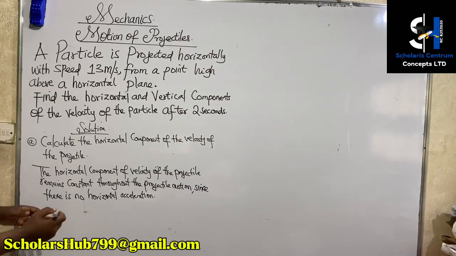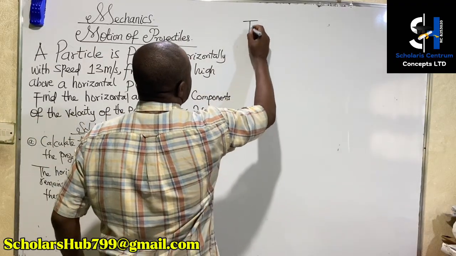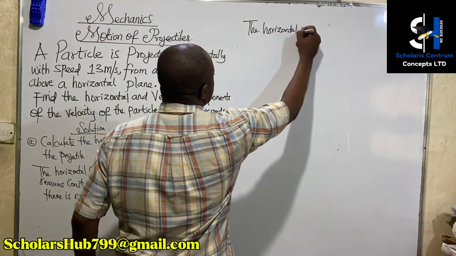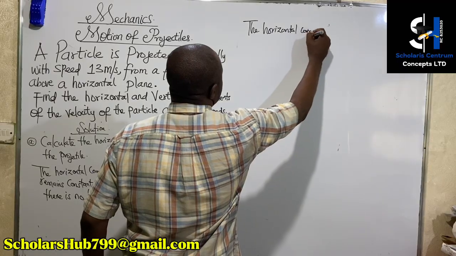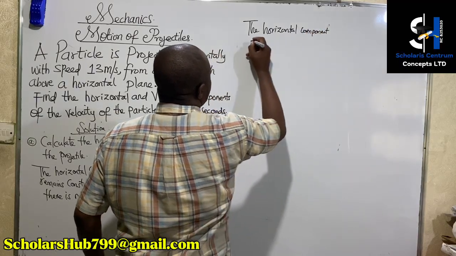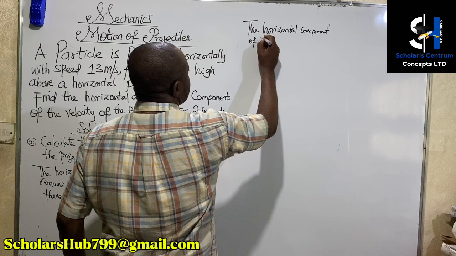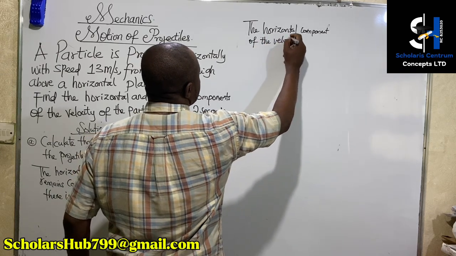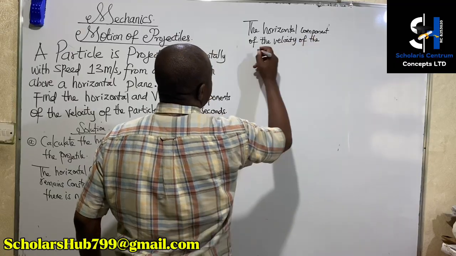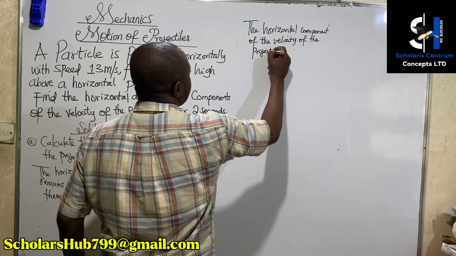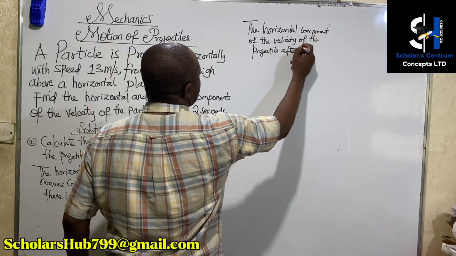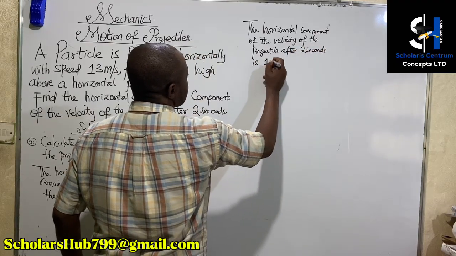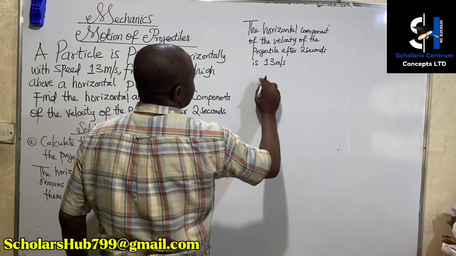We can now conclude that the horizontal component of the velocity of the projectile after 2 seconds is 13 meters per second.